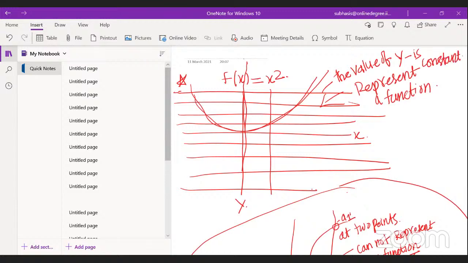So you have a value of y here, and this particular line cuts the graph at this point and this point.